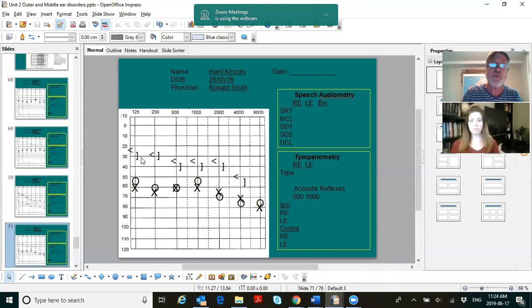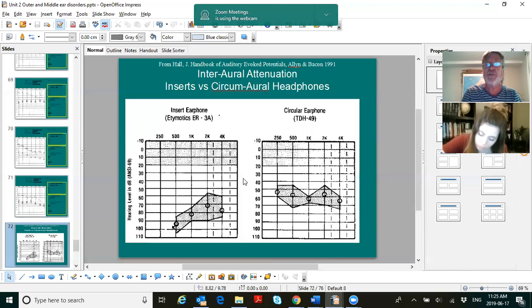The difference between the way he hears by bone and the way he hears by air conduction is called an air bone gap. And that always indicates conductive hearing loss, and that always indicates outer and middle ear pathology. But the person also has inner ear pathology, because when you avoid the outer and middle ear, still hearing by bone conduction shows around a 30 to 40 decibel hearing loss.